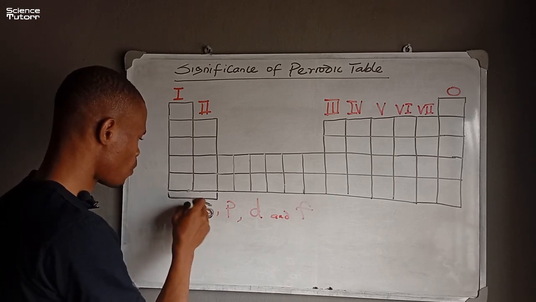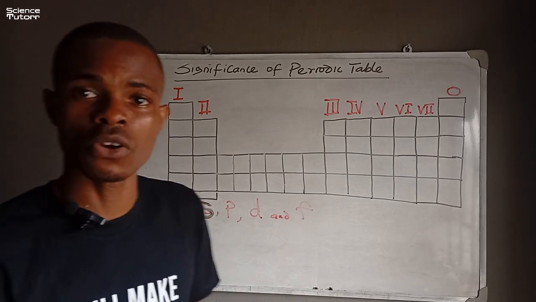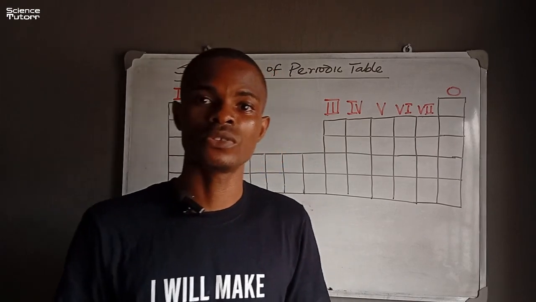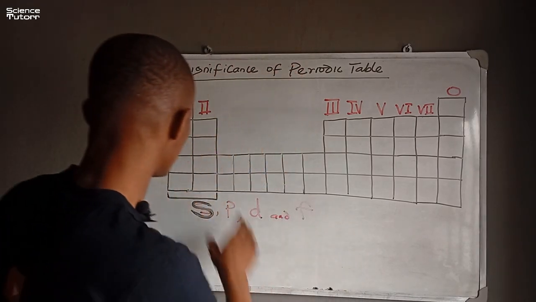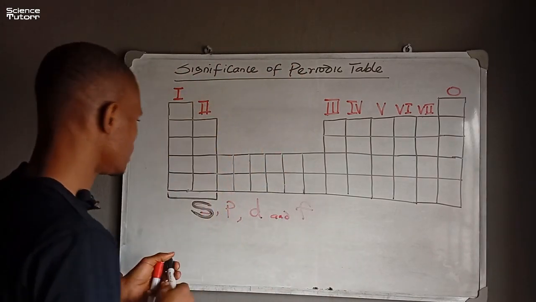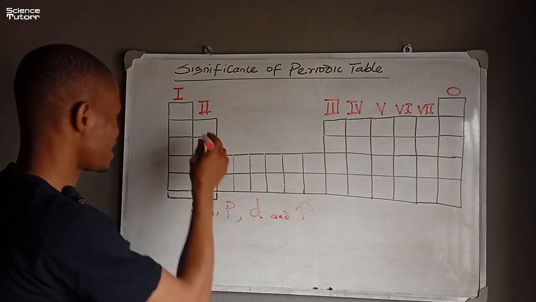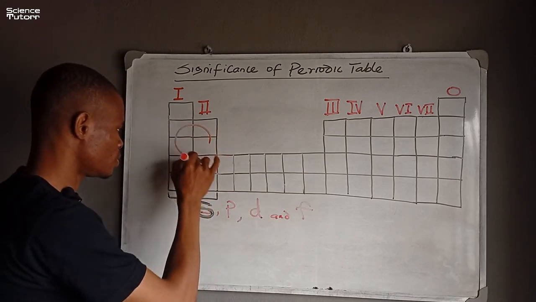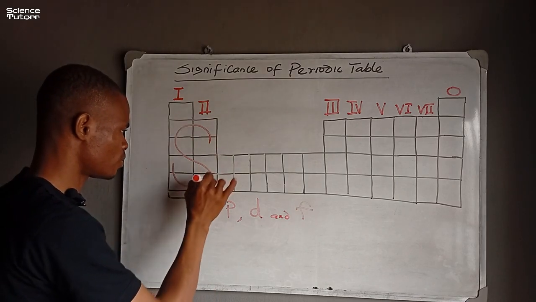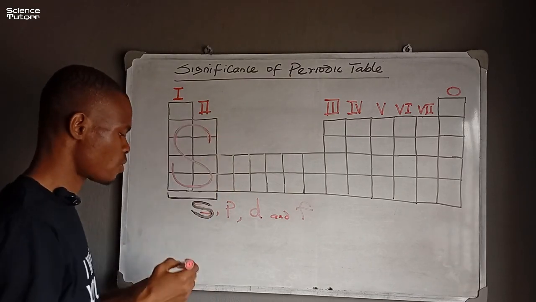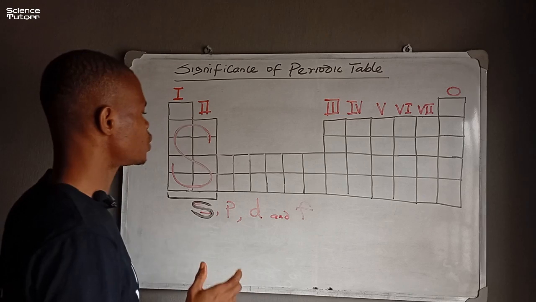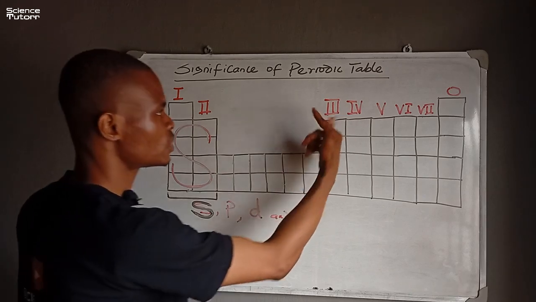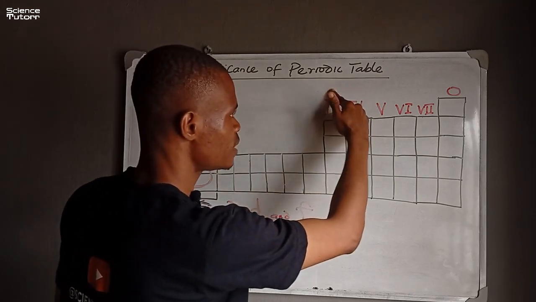They form the S block because they have S electrons in the outermost shell. So group 1 and 2 are known as the S block.